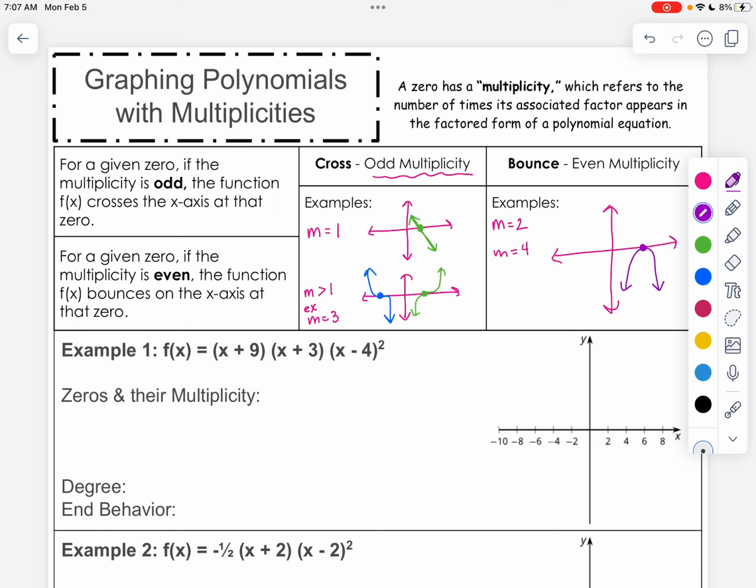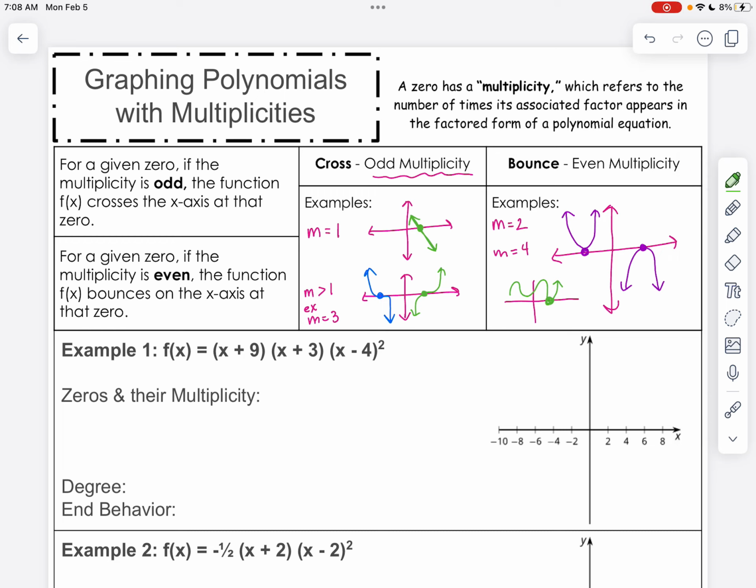So it's like a parabola almost, with its vertex at the x-axis. But we're dealing with polynomials, so we're kind of putting it all together. We might have up, down, up, and then a bounce right here. So that's what it would look like with a polynomial.